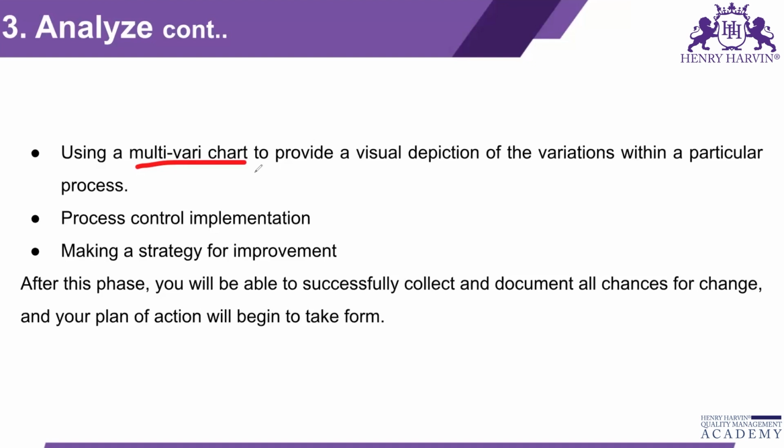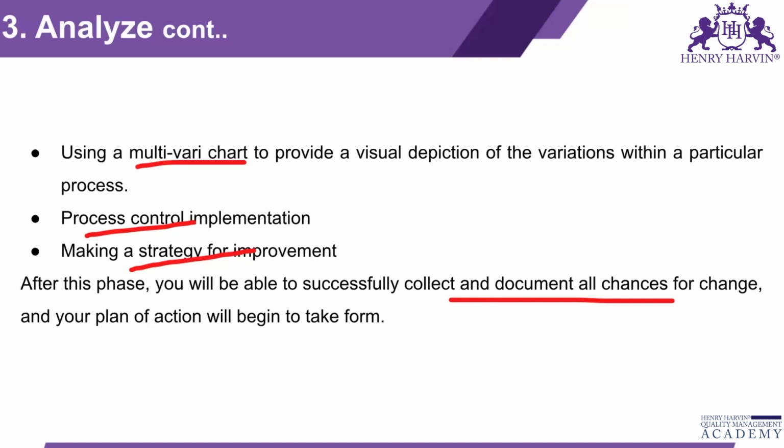The only thing to remember is that in the analyze phase, you also continue the calculations of the measure phase. Whatever calculation we did in the measure phase, we proceed with the analyze phase to check the accuracy. At this phase, we use a technique called process control implementation. We make a strategy to check whether the complex calculations, in which the company has invested a lot of time, money, and different allocation of assets, can be justified.